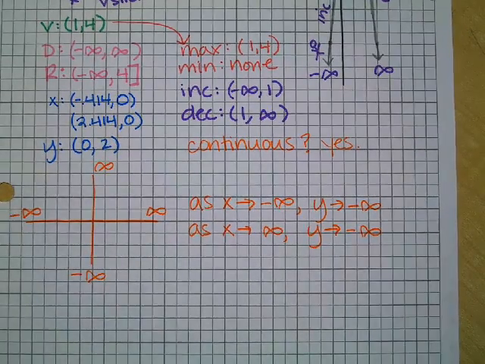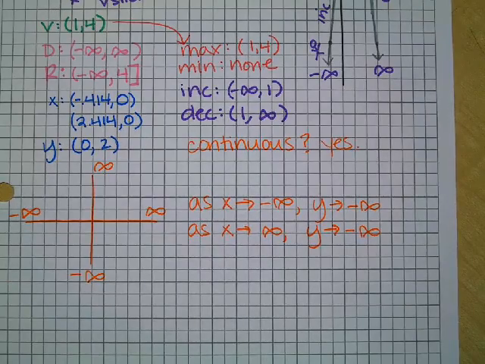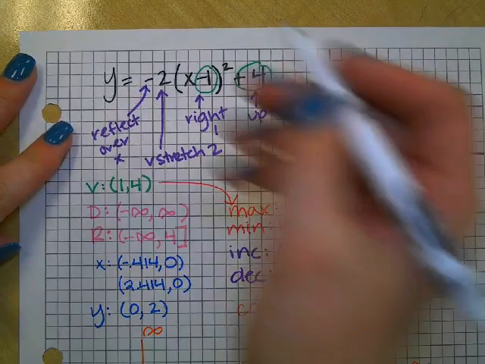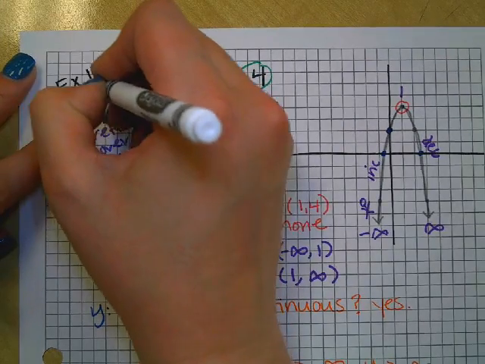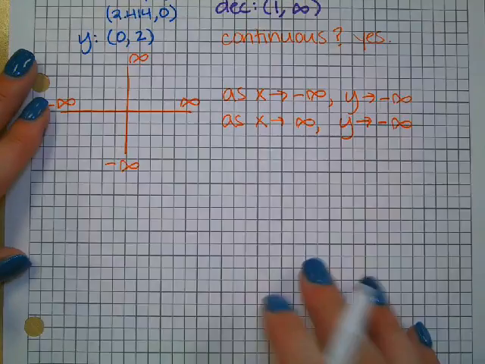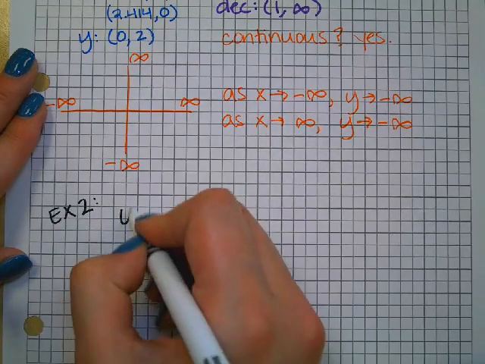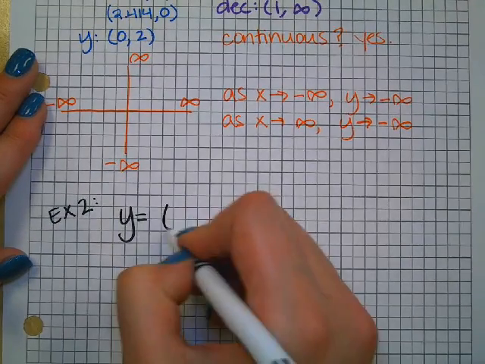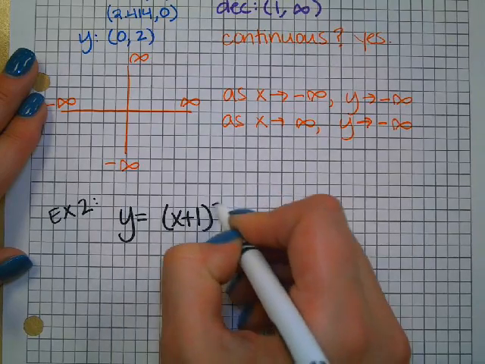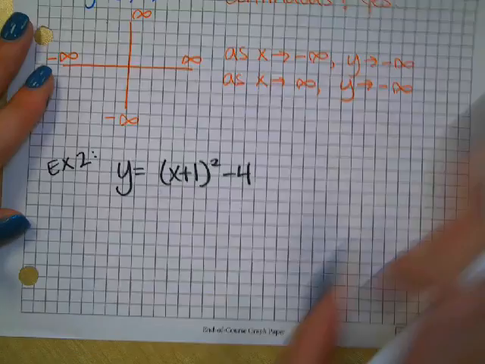Okay, so we're going to do another example. We're just going to look at the end behavior of a parabola that goes up. So go ahead and label this as example 1. Example 2, we're going to say we have y equals (x plus 1) squared minus 4. I have the same numbers, I just changed them.